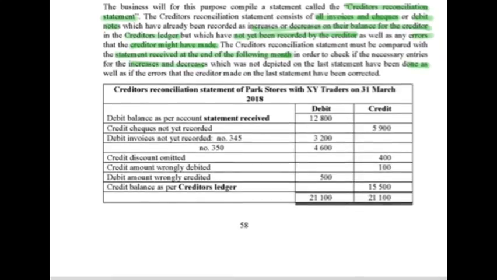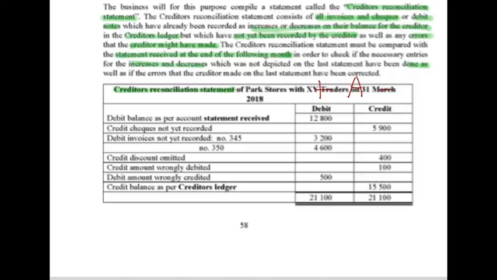So if I can show you quickly a creditor's reconciliation statement, remember, very important, from a creditor's reconciliation statement's point of view, we are making these changes or updates as if we are making them for our creditor. Now just remember, in our creditors' books, we are an asset, which means that the debit side increases and the credit column decreases.